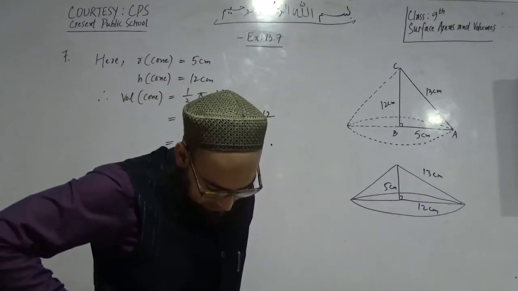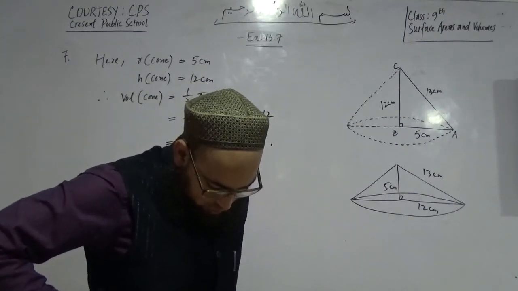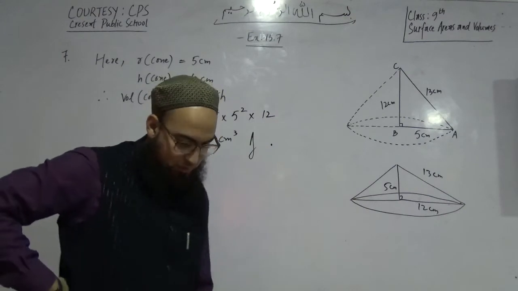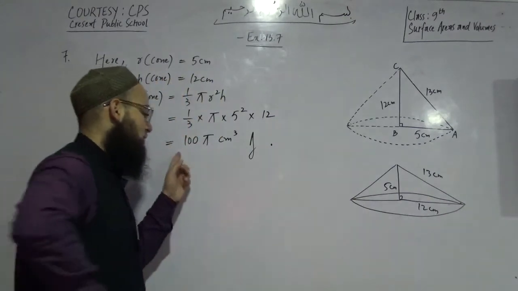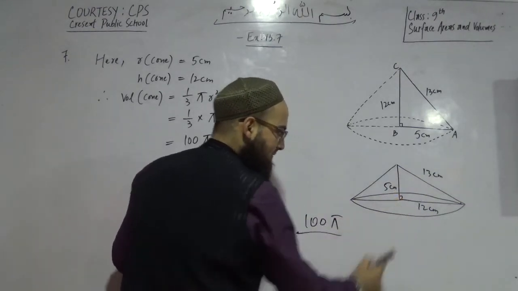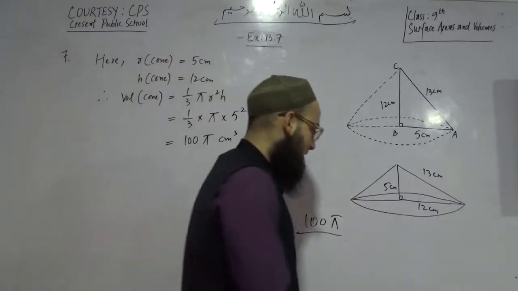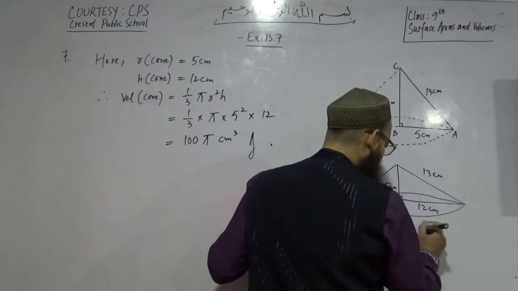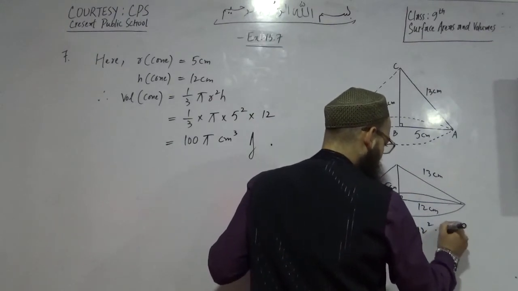After that it says find also the ratio of volumes of the two solids obtained in question number 7 and 10. Here what you will get? You get 1 by 3 pi r square h.